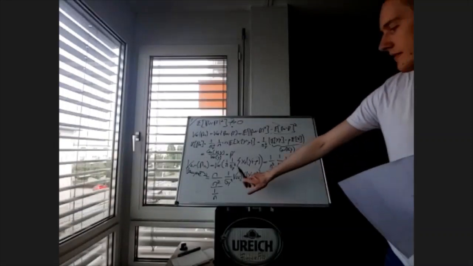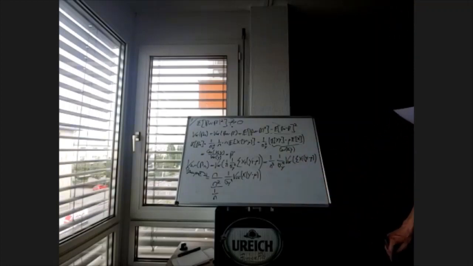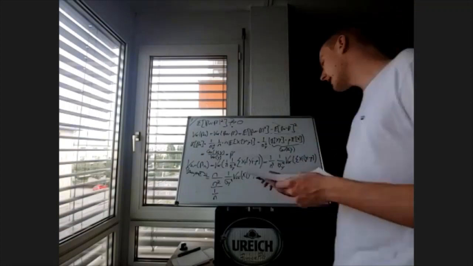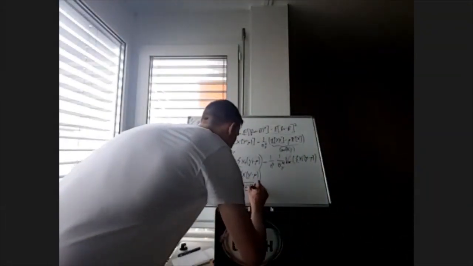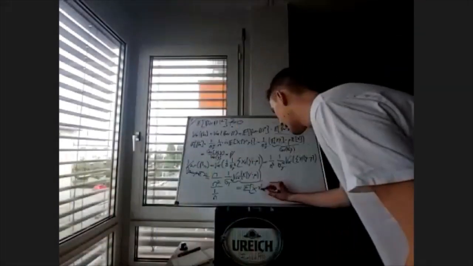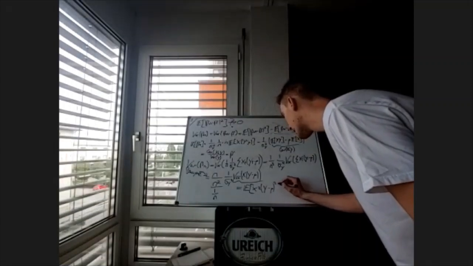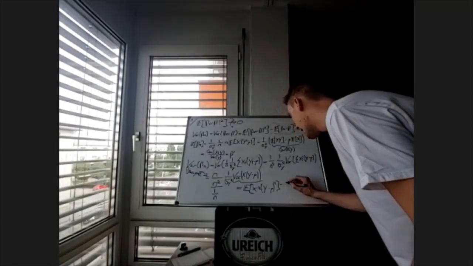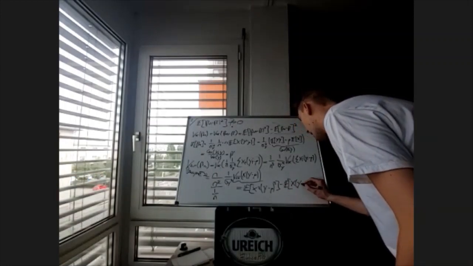Well, we can see the variance of, okay, let's just look at this part. This is the expectation of x squared times y minus mu squared minus the squared expectation of x times y minus mu.